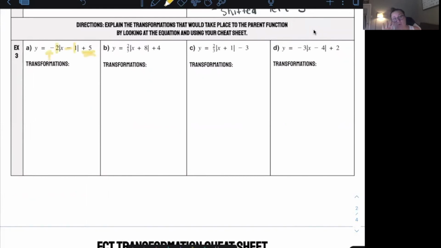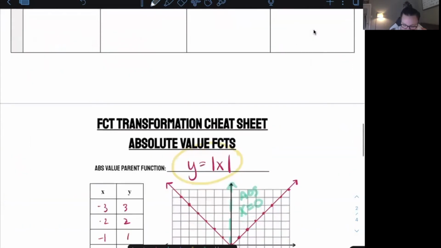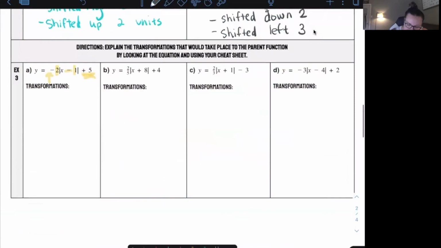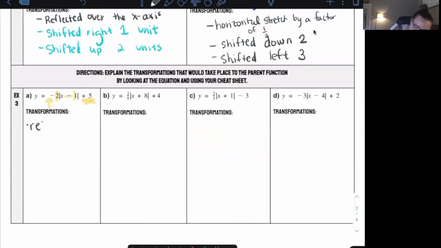So we've got 4 transformations. According to my cheat sheet, that negative reflects the function over the x-axis. So my first transformation is a reflection over the x-axis.